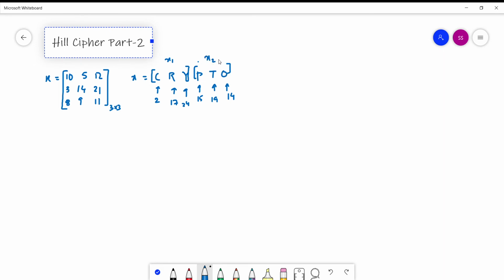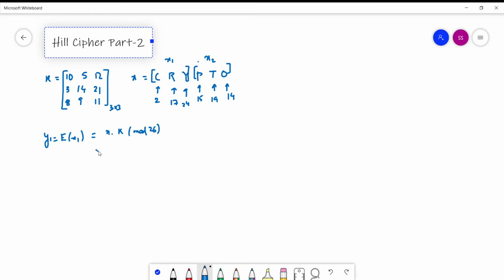Let's say it's x2. For encrypting, I will take one of the plaintexts, so that is the encryption for x1, which is denoted by y1. The formula is x into k mod 26.